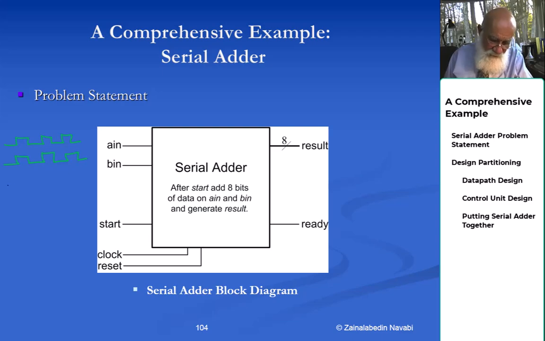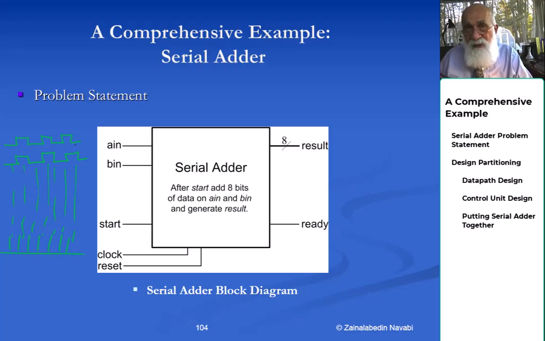Okay, so there is this clock here, and therefore in 8 consecutive clocks after the start, data on A and B will be picked up, just like the X input in the state machine, in the state diagram, the sequence detector. The X input in the sequence detector was going up and down, zeros and ones, and on the edge of the clock you pick up the proper data from the X inputs.